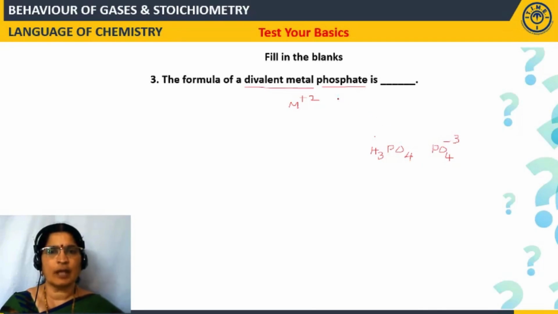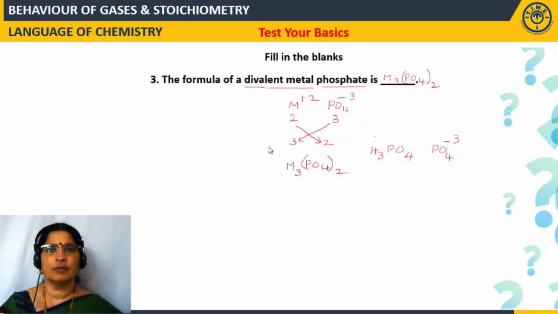This is the phosphate ion, PO4 minus 3. Now, if we write the formula by the crisscross method, 3, 2, after exchange, this becomes a subscript here and this becomes a subscript. M3(PO4)2 is the formula of the metal phosphate. Fine.